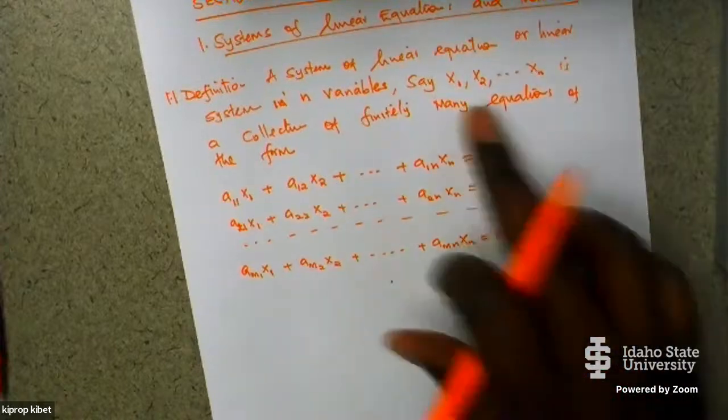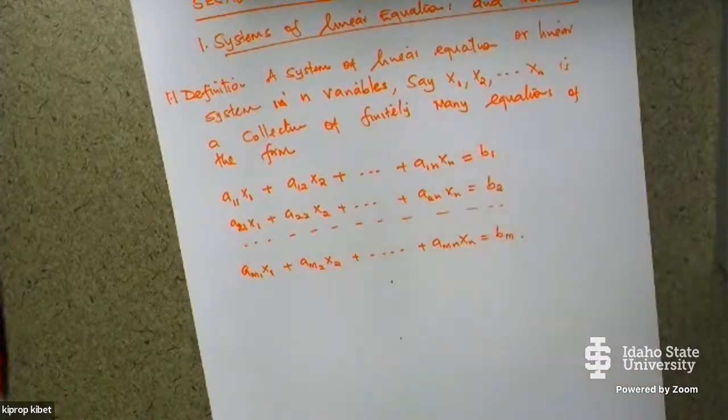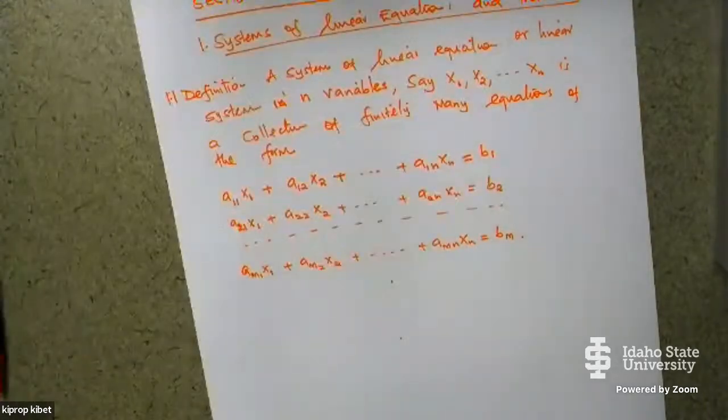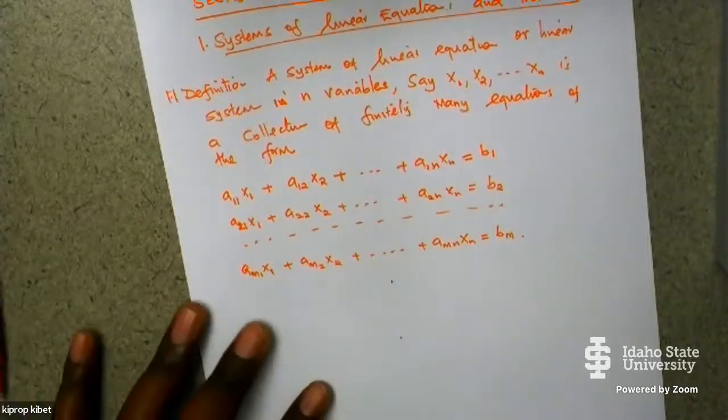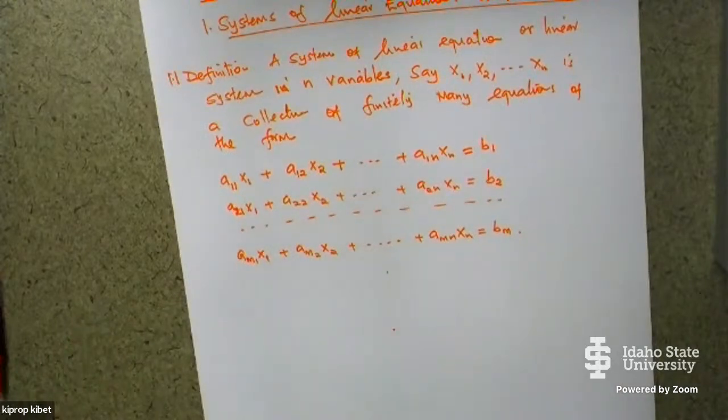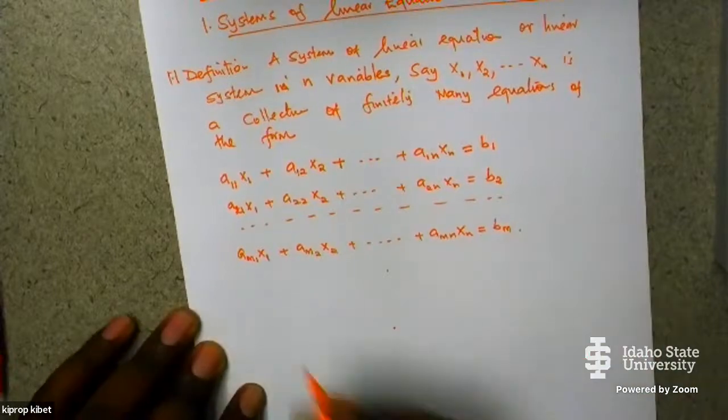So all these x1, x2, xn are the n variables, and it forms a system of that form.